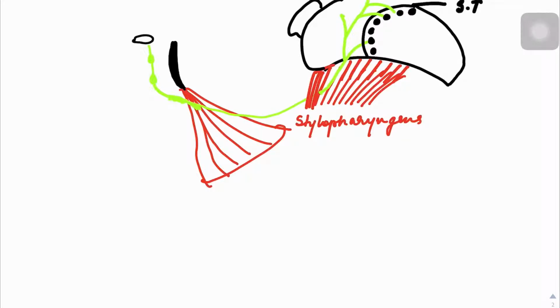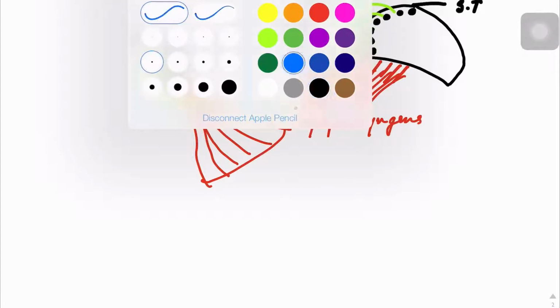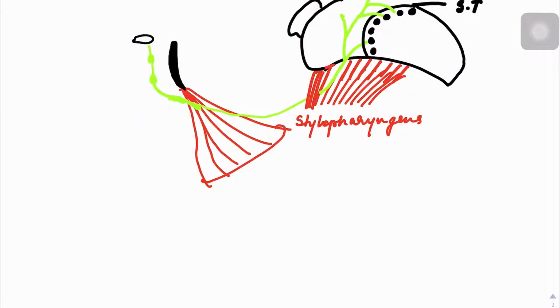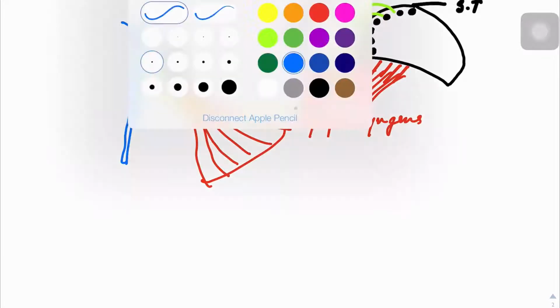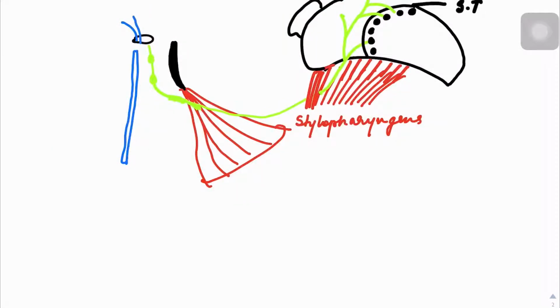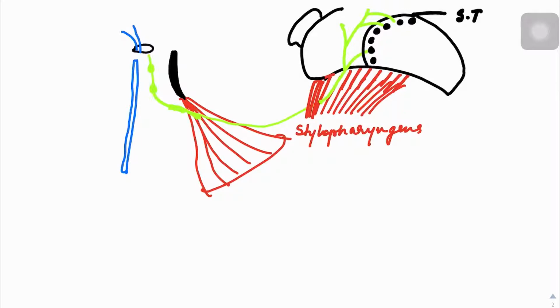But before it reaches the styloid process, it has one important relationship, that is, it lies next to the internal jugular vein, which also comes from the jugular foramen along with the 9th, 10th and 11th cranial nerve, and it also lies in relation with the internal carotid artery.